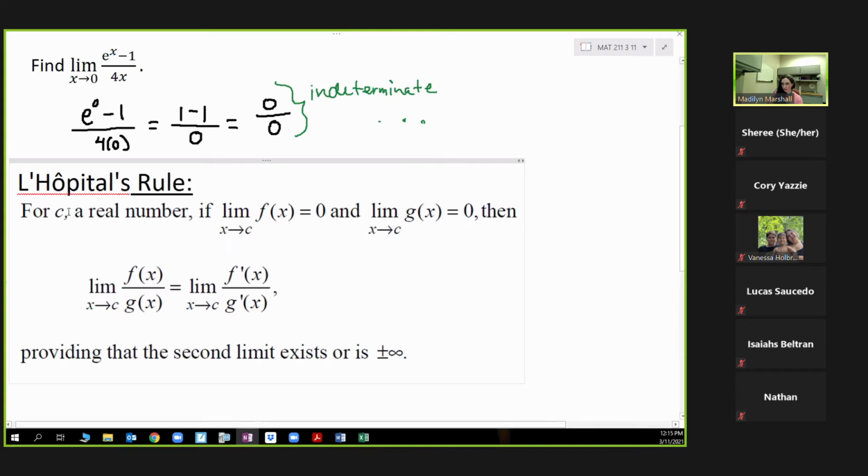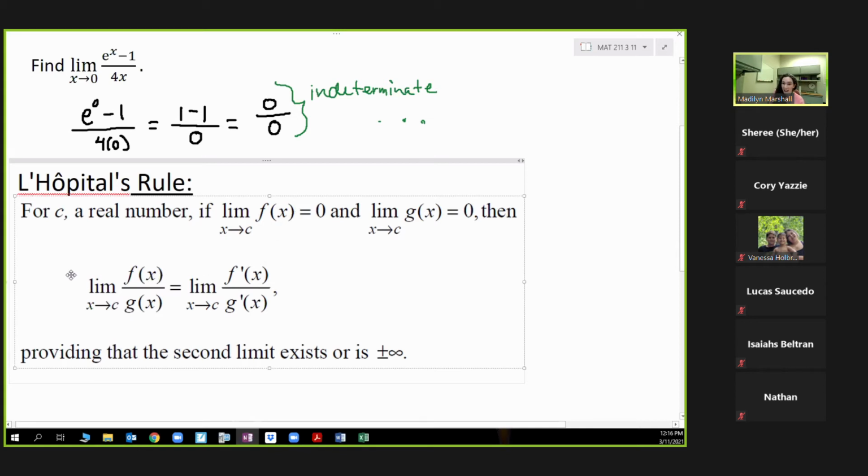So C is just some number. C is the number that x is going towards. And we're saying that the limit of the top, f, is 0, and the limit of the bottom is 0. That means we have this indeterminate form where we plug in C on the top and C on the bottom, and we get 0 over 0.